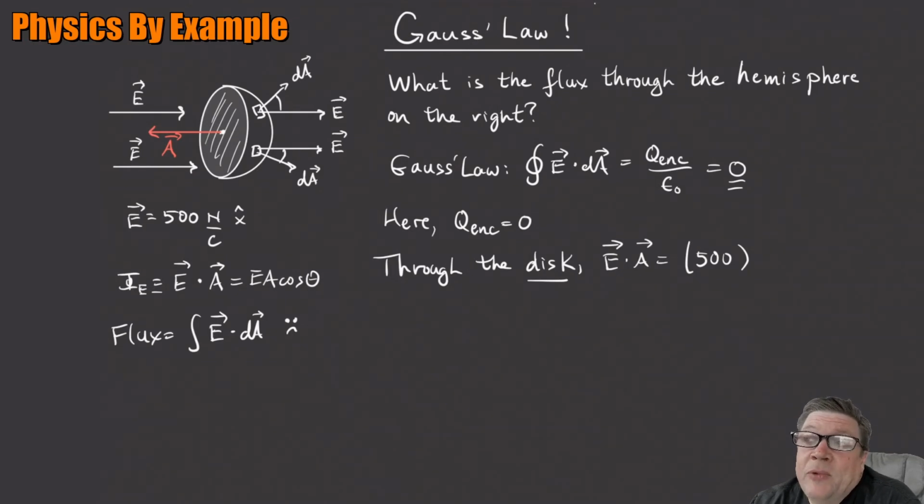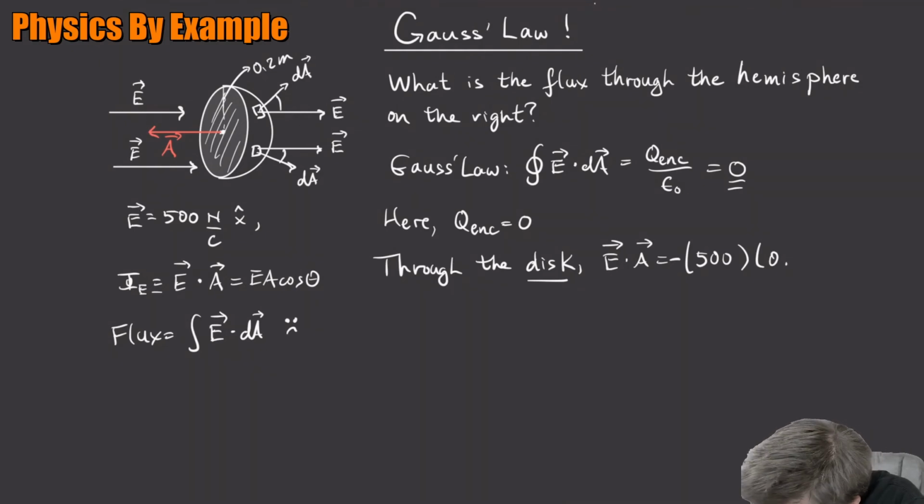A is pointing to the left, E is pointing to the right, so theta is 180 degrees, and I pick up a negative sign. So I have negative times the area of that disk. Pi r squared is the area of the disk. Let's say the radius is 0.2 meters.